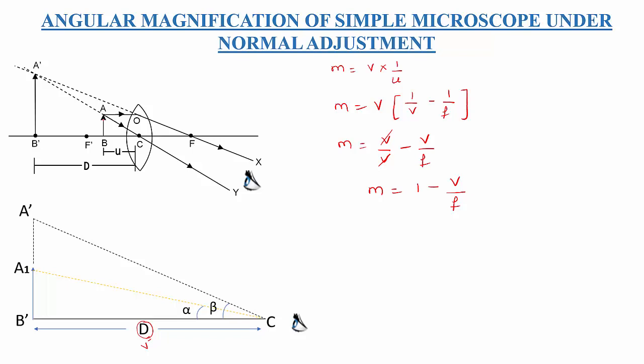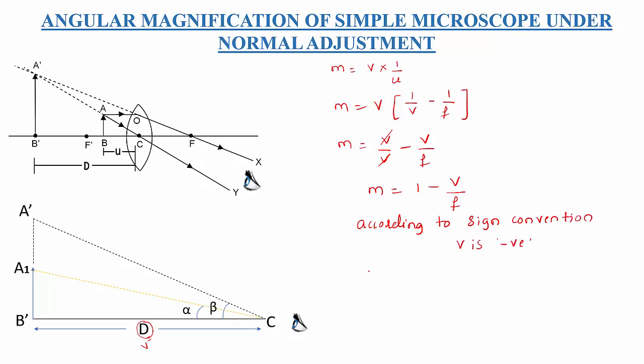Incident rays travel from left to right, but we are measuring the image distance from the optic center to the image, which is exactly opposite. So image distance is negative, according to the sign convention. So V is negative.